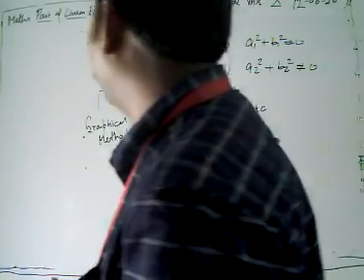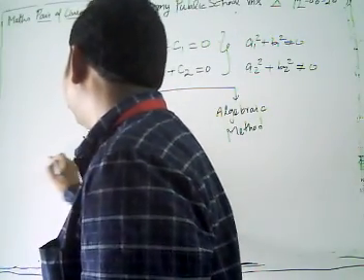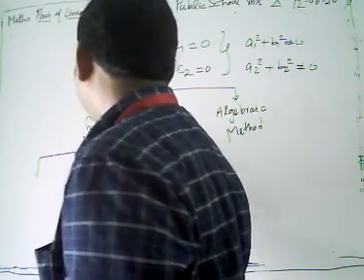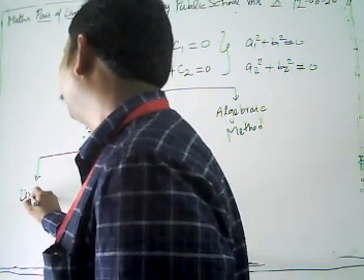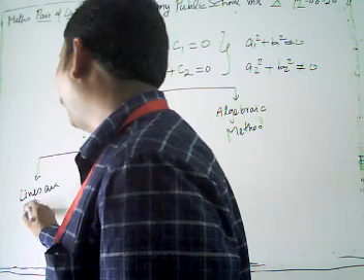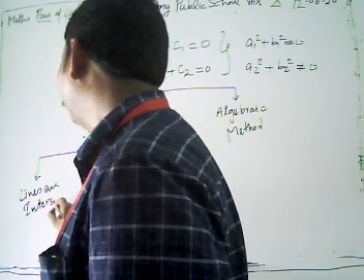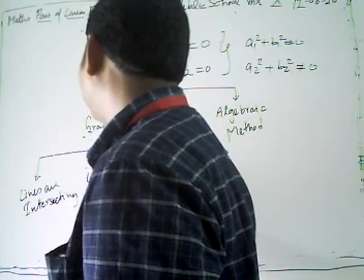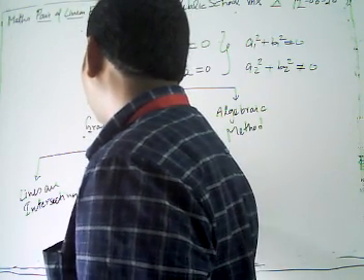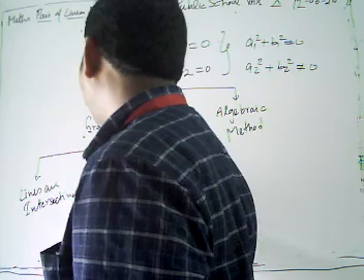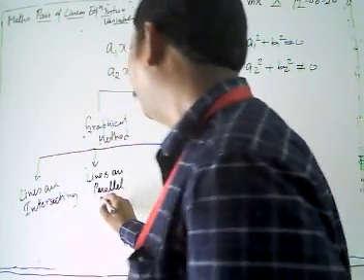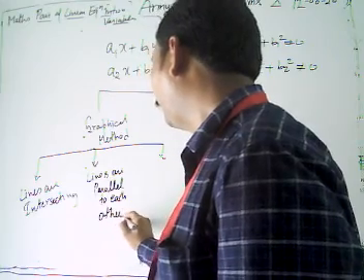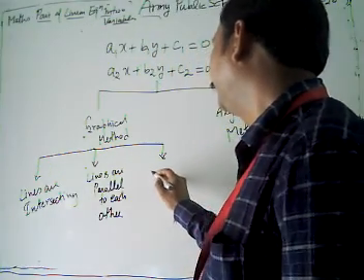In the graphical method, we have three cases. What is it? Lines are intersecting. What is our second case? Lines are parallel to each other. What is our third case?